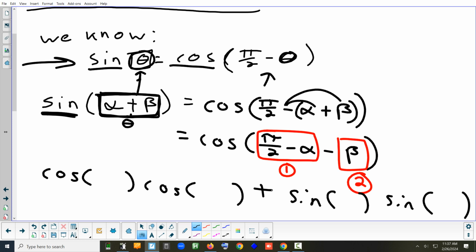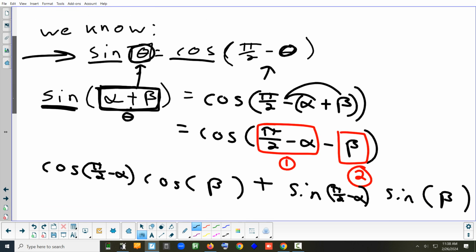Pi over 2 minus alpha. And my second one? Beta. Not a lot we're going to be able to do with just the beta.